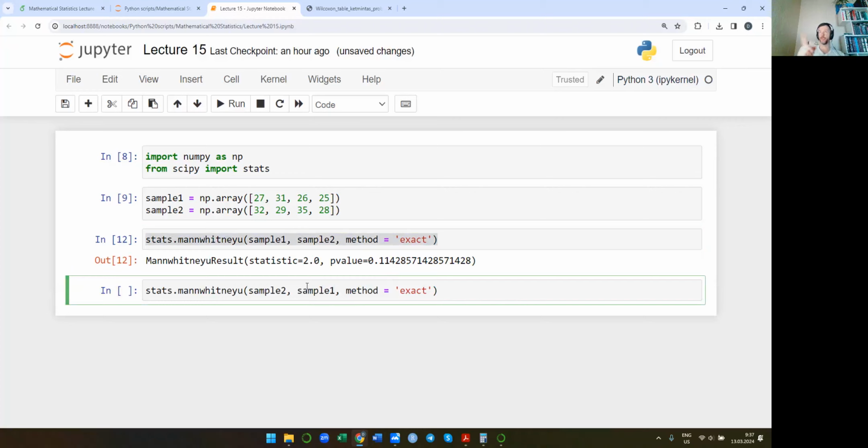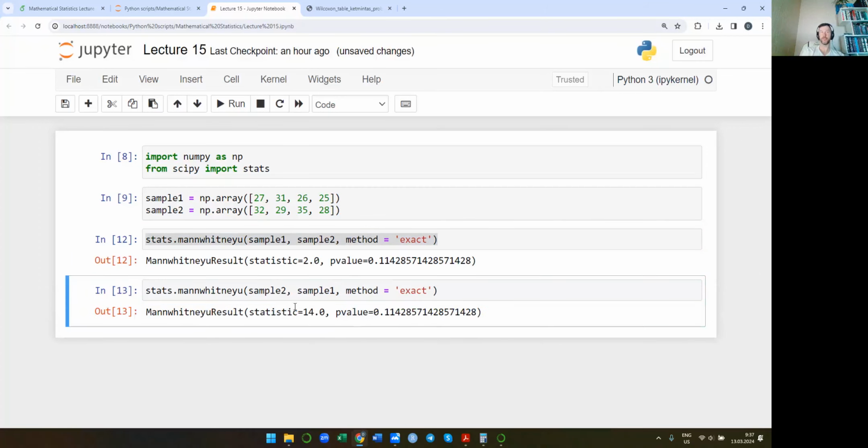So now the question is, why do we have a different result of the statistic? Well, if we switch the order of samples in our function and put sample 2 in the first place and sample 1 in the second place, you will see that the result of the statistic is exactly as we have, 14. Because in the first try, it compares how many observations of sample 2 are before the observations of sample 1. So the reverse task.